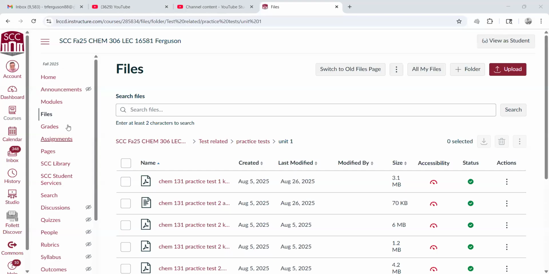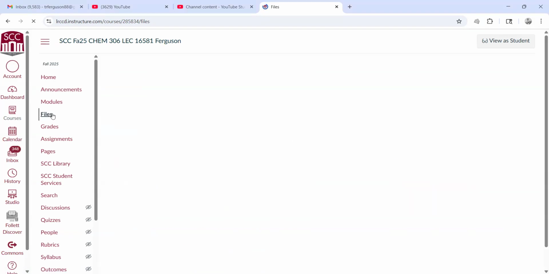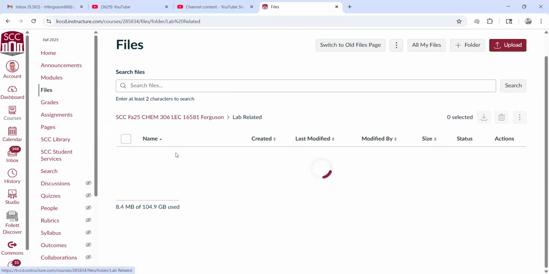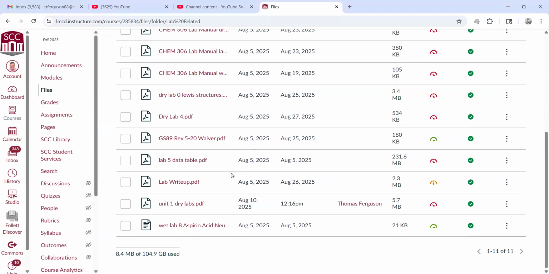We're going to go over to Canvas, Files, Lab Related. Go to the bottom and it'll say Unit 1 Dry Lab. That's what we're doing starting today, which is what I showed you at the beginning of the lecture.